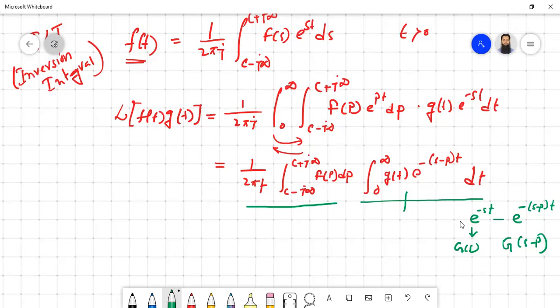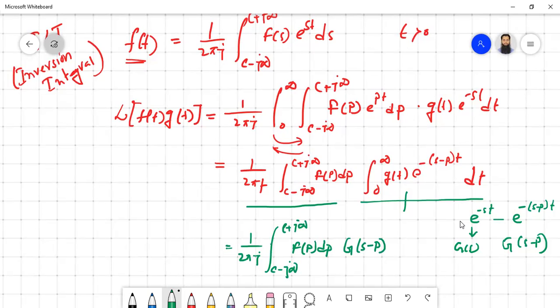Hence what we get is 1 by 2 pi j, the integration from c minus j infinity to c plus j infinity of F(p) dp, and this one is simply G(s minus p).